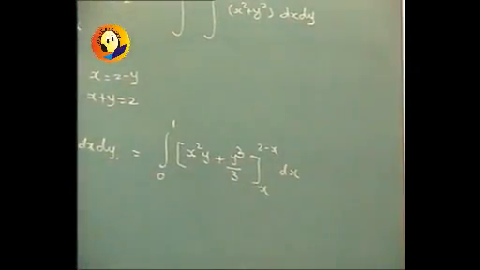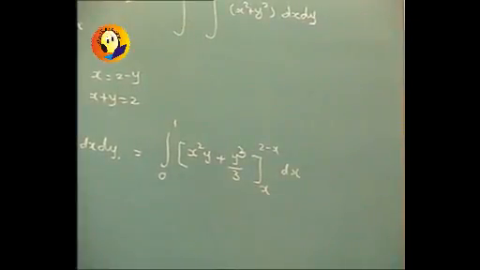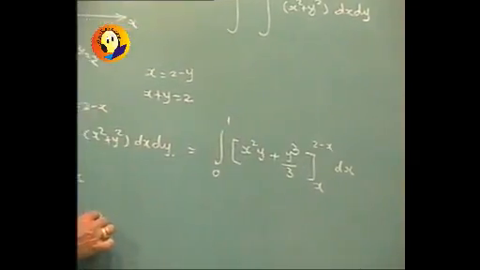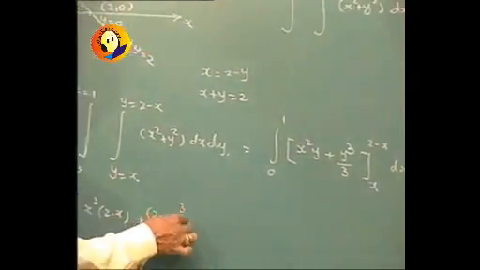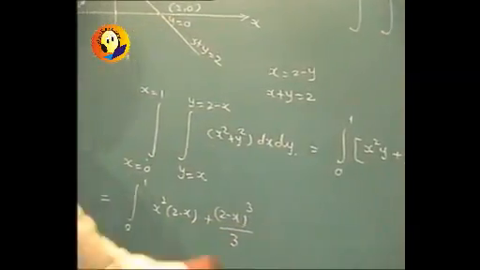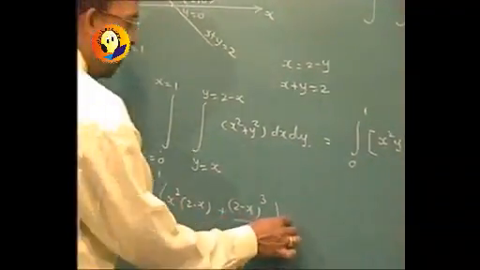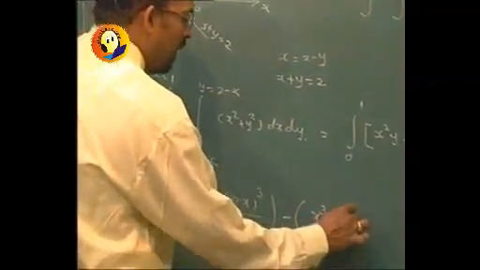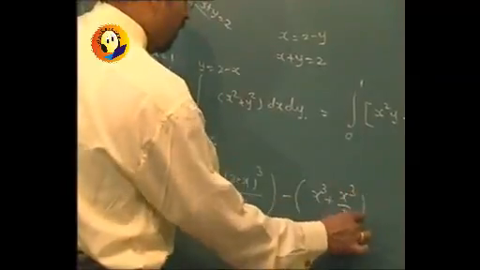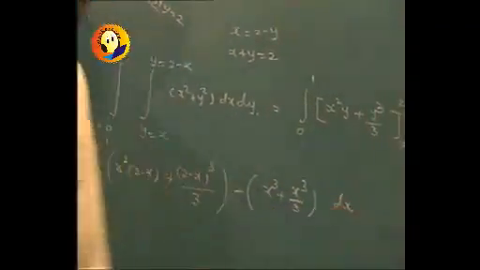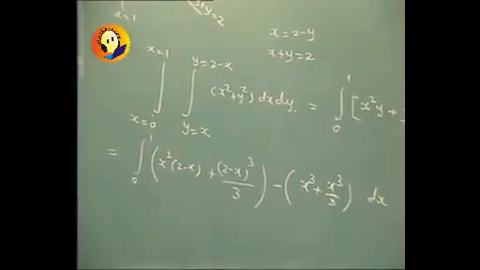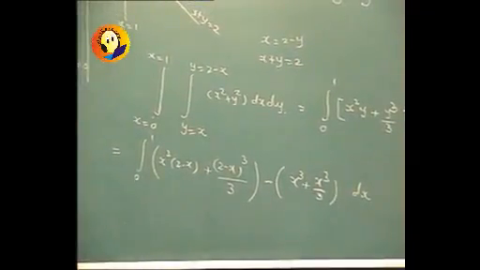As we substitute the limits, it will be integral 0 to 1 x square into 2 minus x, value at upper limit, plus the second term value at upper limit, (2 minus x) cube upon 3, minus values at lower limit, it will be x cube plus x cube by 3 dx. The solution can now proceed in the normal way and you can obtain the required answer.